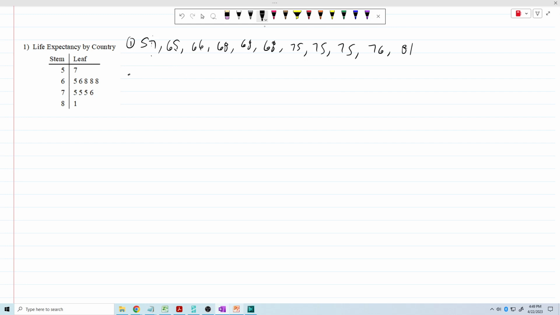So now let's calculate the center. Starting with the mean, we add all this up: 57 plus 65 plus 66 plus 68 plus 68 and so on. I'm doing this on a calculator off to the side for the sake of time.